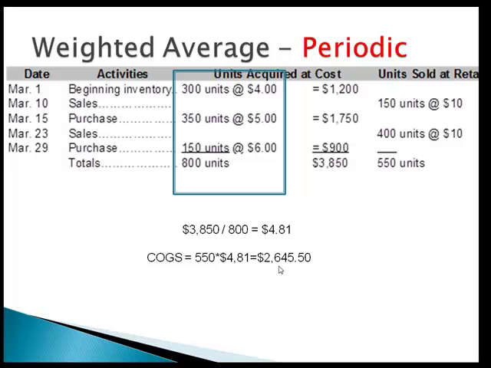To get ending inventory, what's left? You had 800 units, you sold 550. That means ending inventory must be 250 units times $4.81. Your ending inventory is $1,202.50.